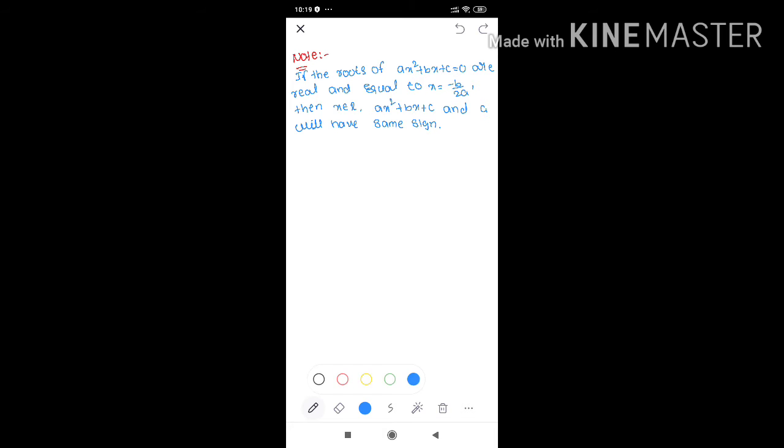Next theorem. Theorem number 2. This theorem also is most important one.